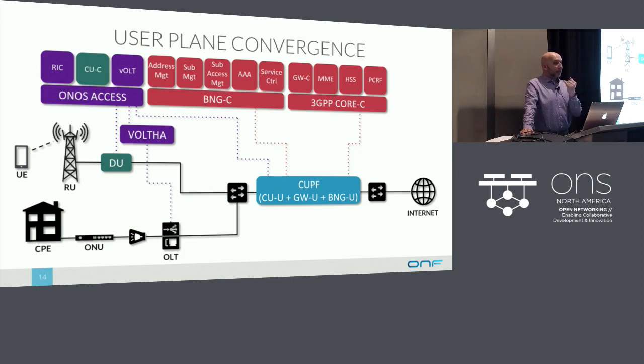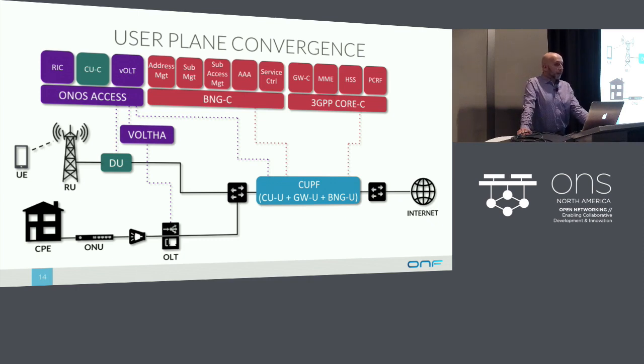And then on the EPC side or core side, we had the UPF. And for the broadband access, we had the user plane of the BNG. So towards convergence, the first thing that COMAC is going to do is converge those 3 distinct user planes into a single entity, which we call converged user plane function.